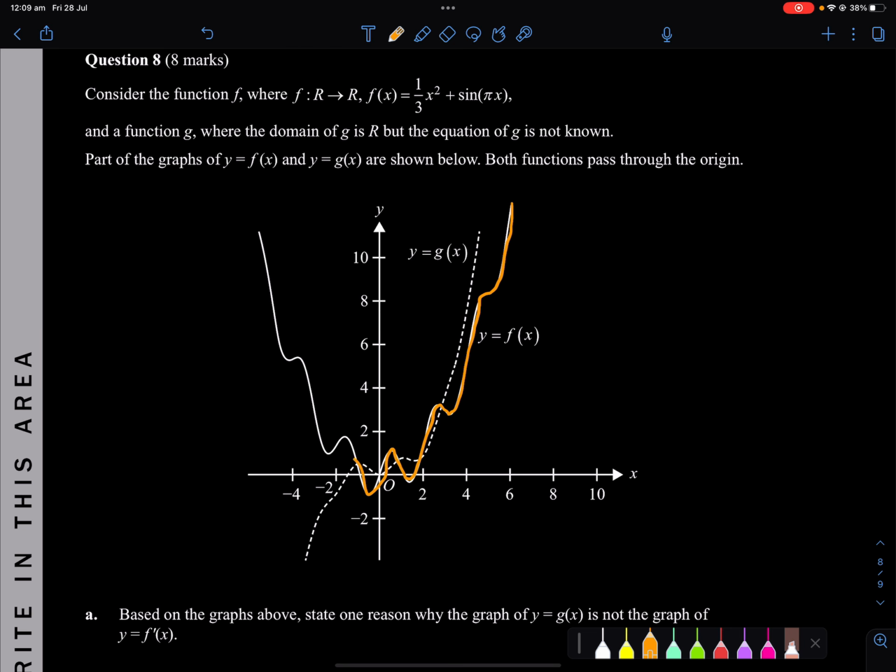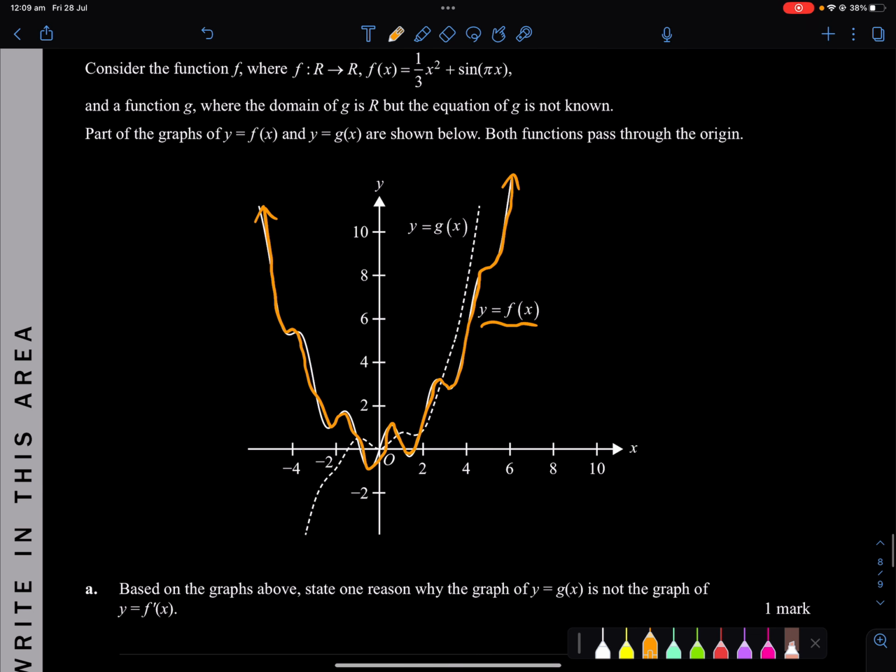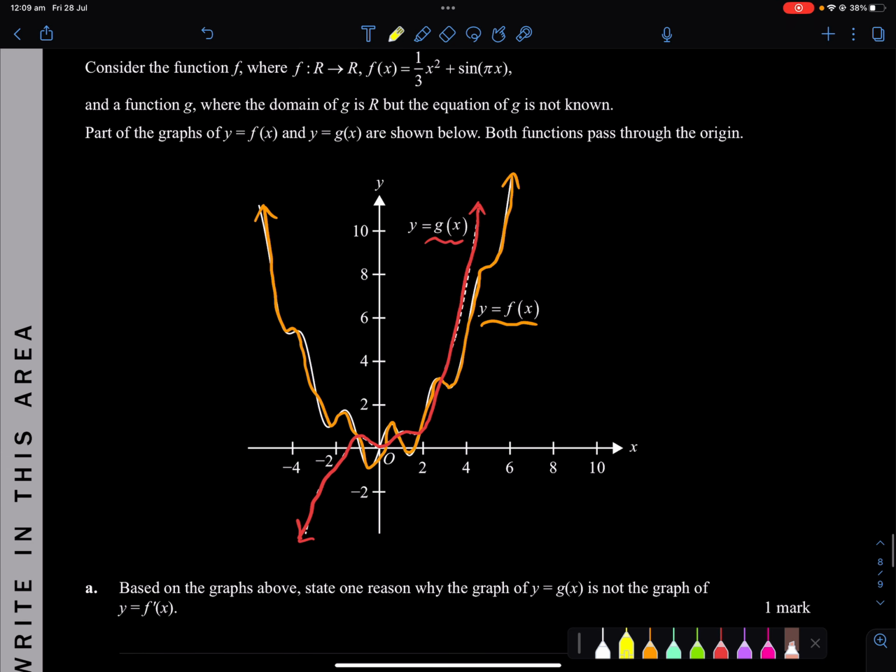So this graph over here is your f of x, and this graph over here, which I'm going to put in red, is your g of x. We don't know g of x. Parts of the graph of f of x and g of x are shown below. Both functions pass through the origin.